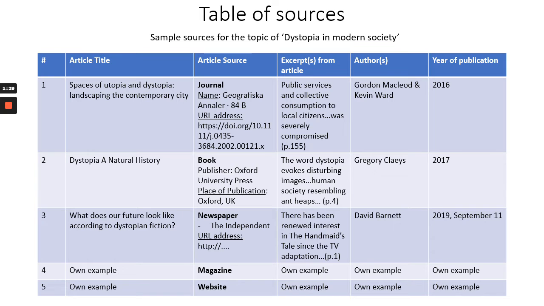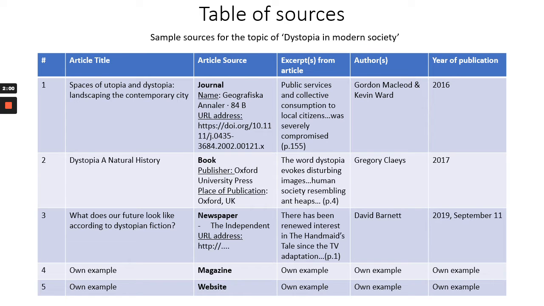On your screen you can see a table of sources. There are 6 columns and 6 rows. The sample topic for this paper is Dystopia in Modern Society.